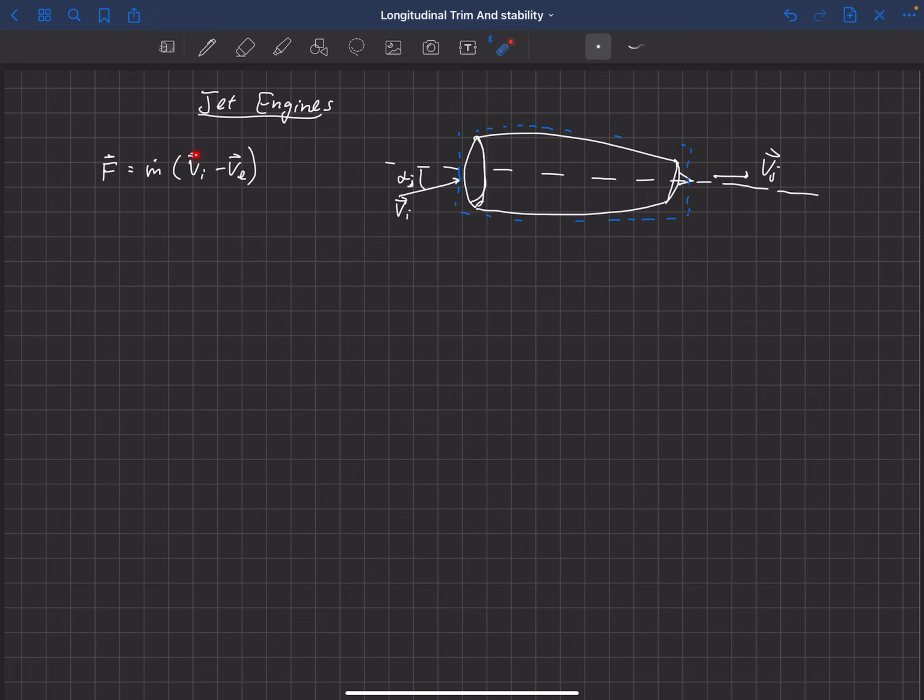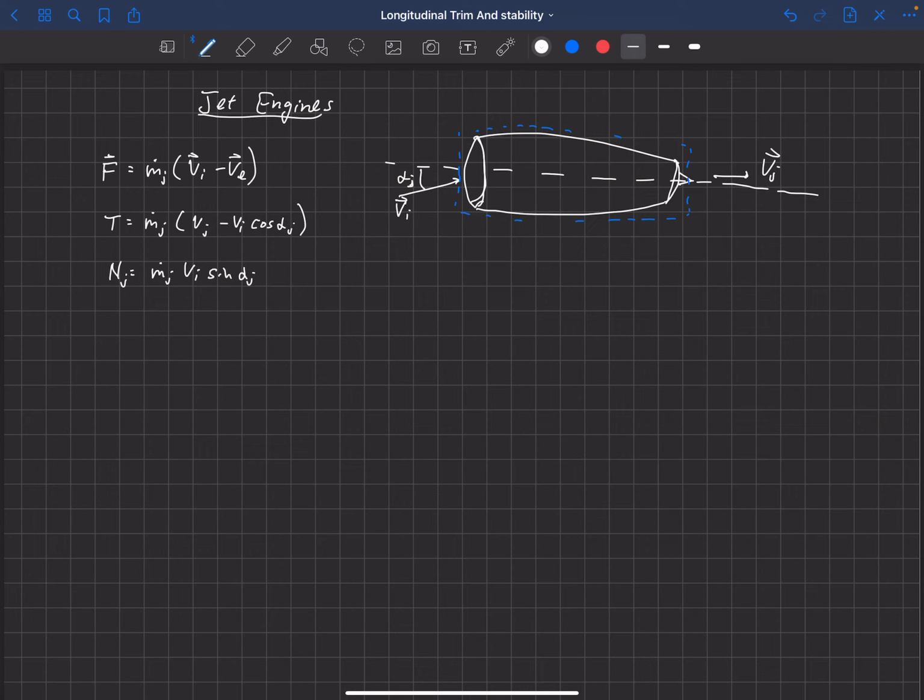But those also have a direction associated with them, and the change in the direction is what causes this normal force. So we get a thrust component, which we can write as m dot of the jet times Vj minus Vi cosine of alpha j. And we get a normal force component. We'll call that N sub j, which is m dot of the jet Vi times sine of alpha j.